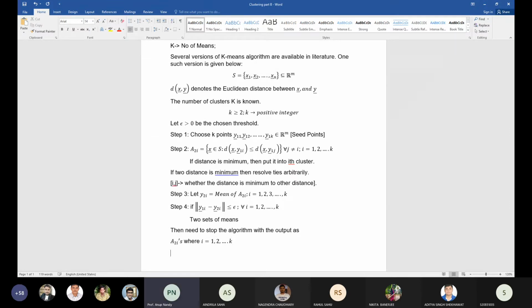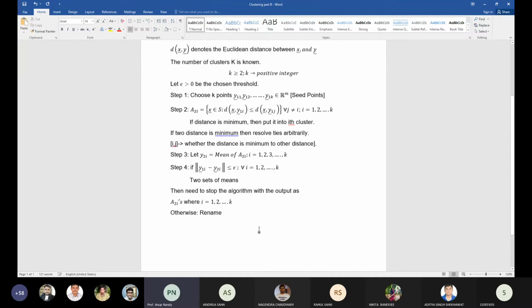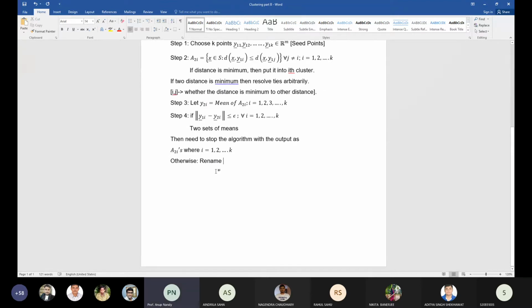If this mean difference between these two sets is not less than a threshold, otherwise you have to rename A2S as A1S.